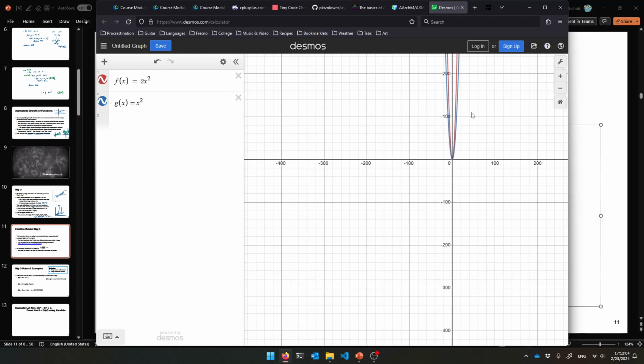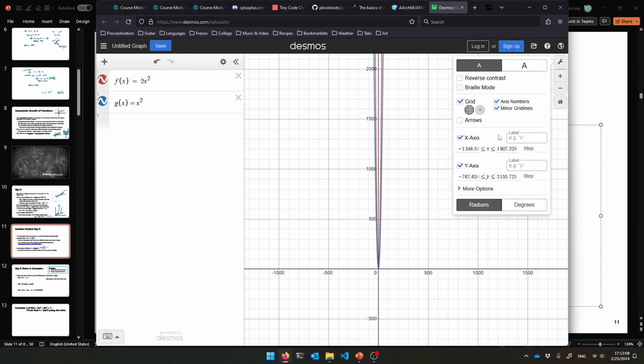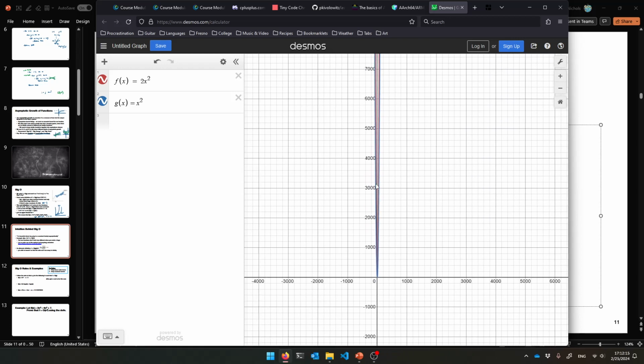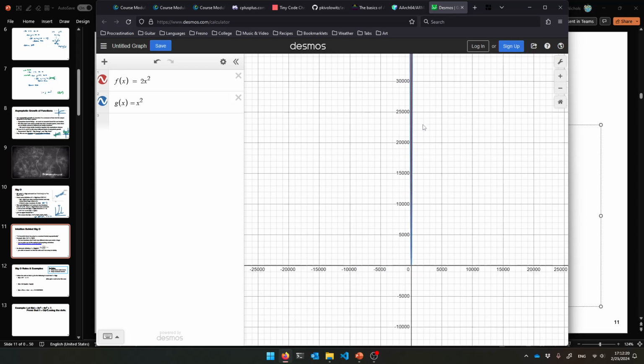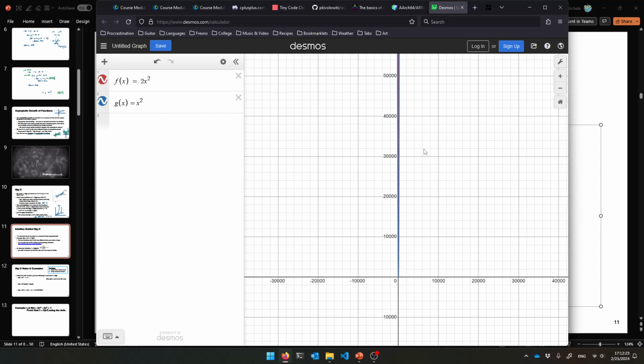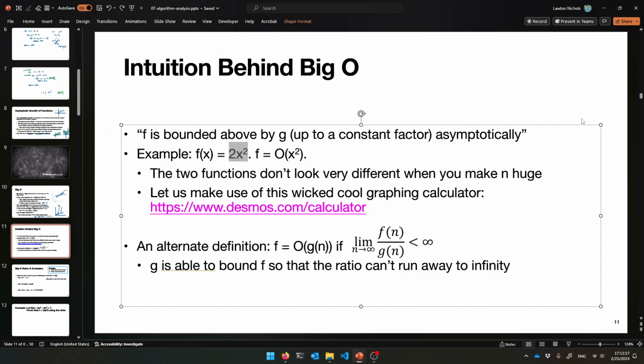You see how, if you zoom out far enough, they're on top of each other. Red and blue are on top of each other. There's no real difference between these functions as you zoom out. They don't look any different. That's essentially what big O means. It does not really matter as you zoom out. That times 2 is not really doing much in the long run, especially compared to larger, more complicated functions of different complexity.